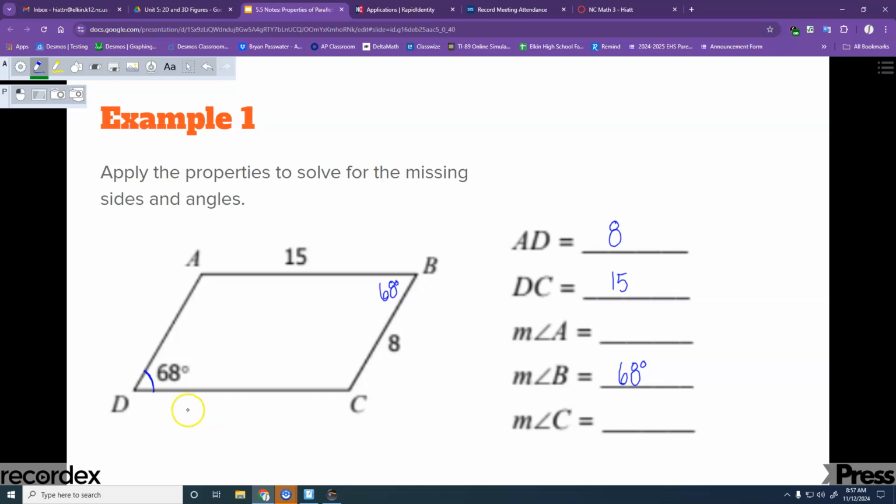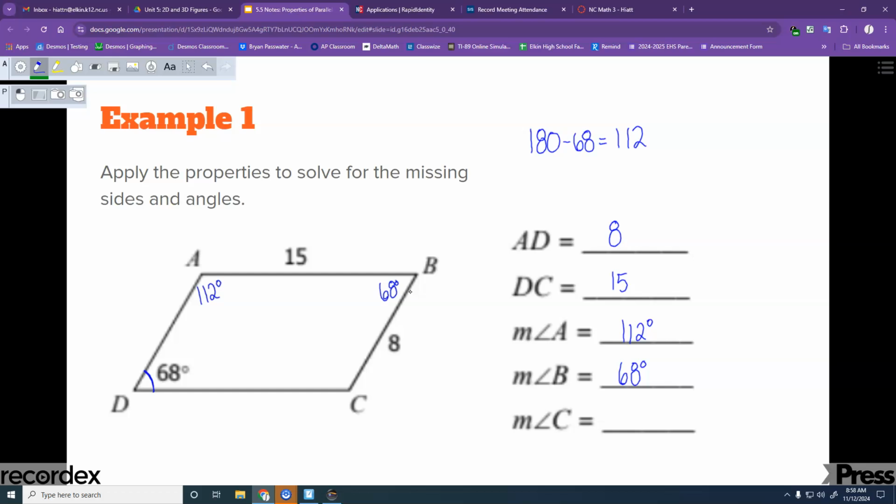Okay, we're going to subtract 68 from 180 because these two have to add up to 180 degrees. So we're going to do 180 minus 68, and that is going to give us 112. And that would be the measure of angle A because these two angles have to add up to 180 degrees.